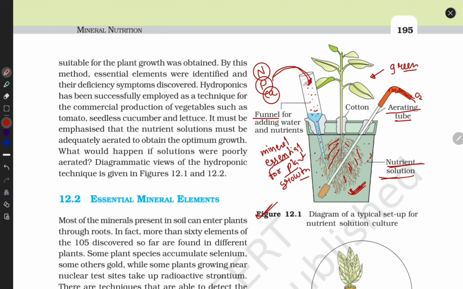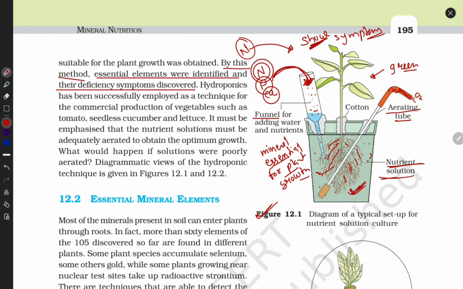By this method, essential elements were identified and their deficiency symptoms discovered. If I provide lots of minerals but I do not provide nitrogen, then this plant shows the deficiency of nitrogen. They show some symptoms.